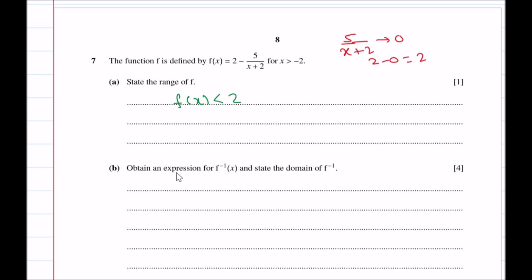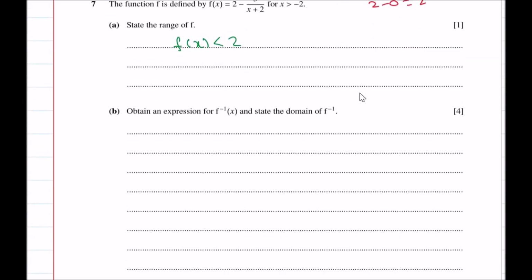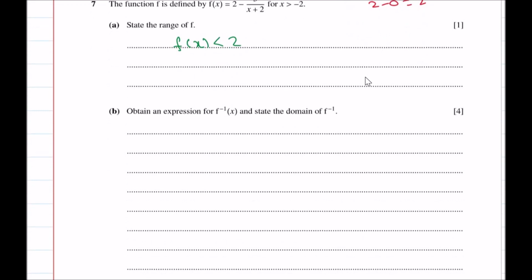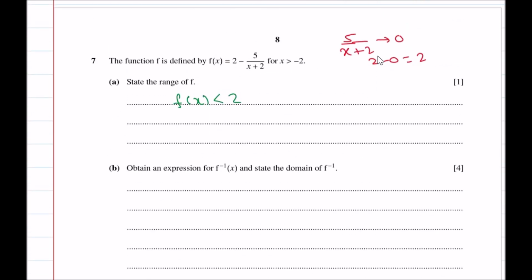Okay, that is done. Obtain an expression for f inverse x and state the domain of f inverse. So we have to find the inverse function, and the function is here. Let me write it. f(x) is 2 minus 5 by x plus 2.